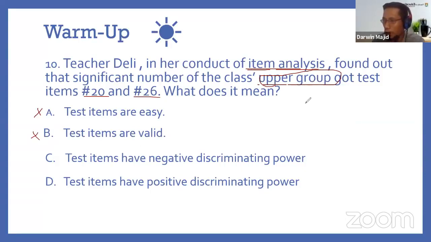This is upper group, so that is positive discriminating power. Letter D. Test items have positive discriminating power. It shows that this item is really meant for those who are highly skilled, or those learners who really understand the concept. Okay?